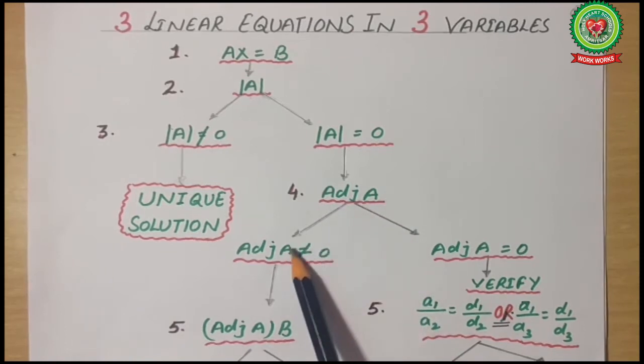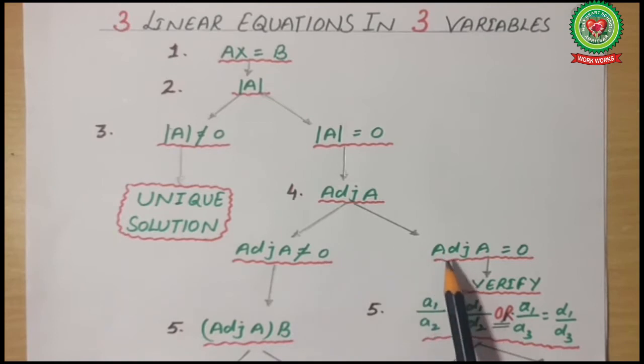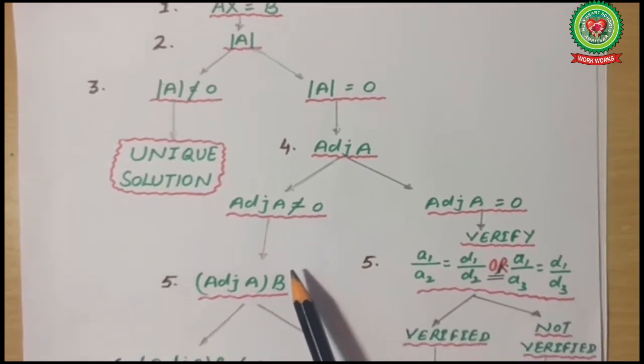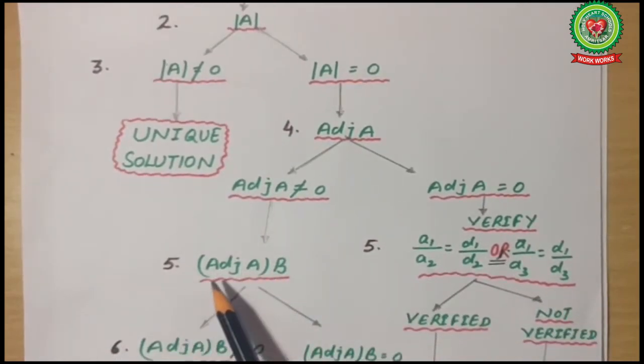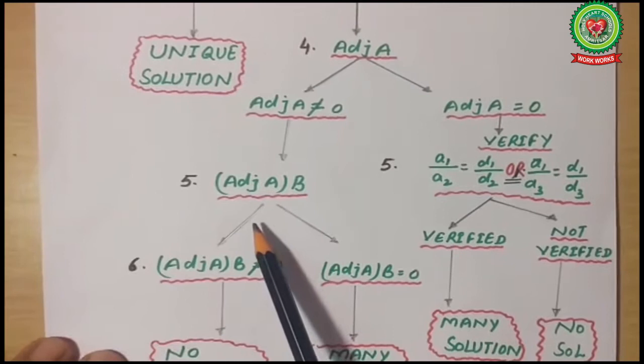Now again two conditions will be there. Either adjoint A is not equal to 0, or adjoint A is equal to 0. If adjoint A is not equal to 0, you will follow the fifth step. You will find adjoint A into B by rule of 7. Now again two conditions will be there.